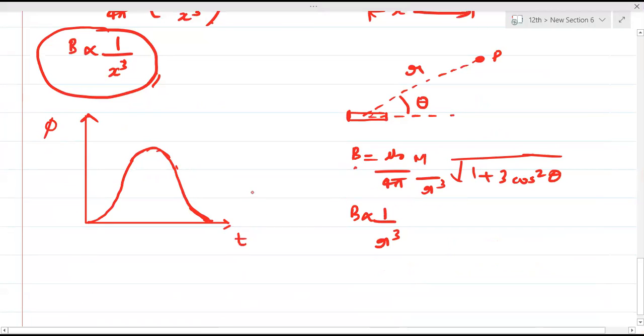Exactly 0 से चालू नहीं होगा, but similar graph. We'll have a symmetrical graph तो होगा. ठीक है? This flux versus time पहले increase होगा and then decrease होगा. One thing is हमें एक curve तो मिलना चाहिए because inversely proportional to x cube, so it won't be a straight line.